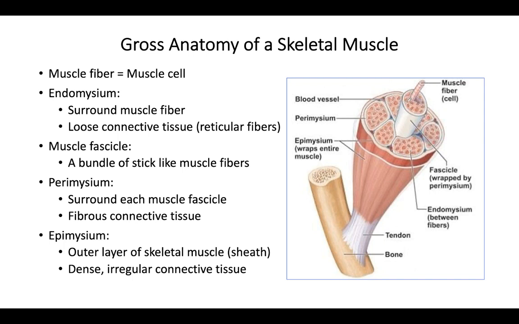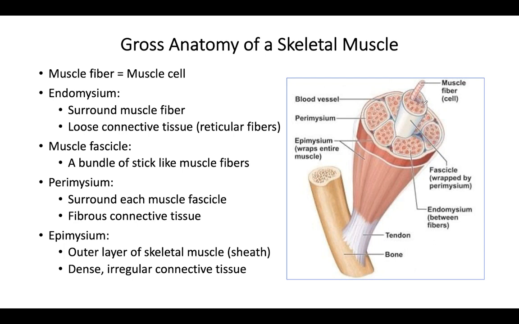Several muscle fibers are bundled together. This bundle of several muscle fibers is called a muscle fascicle. A muscle fascicle is just several muscle fibers put together.